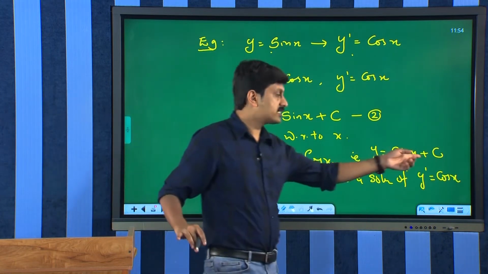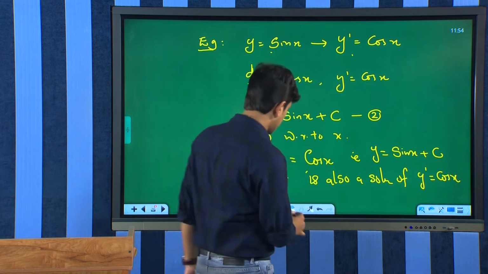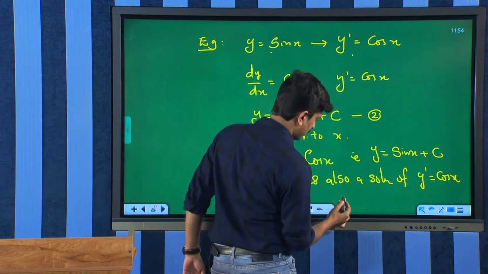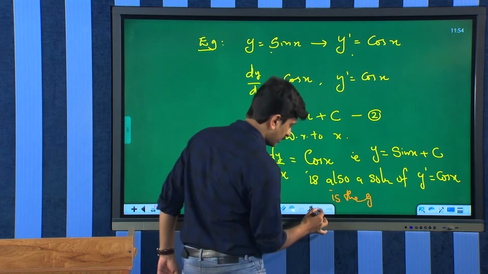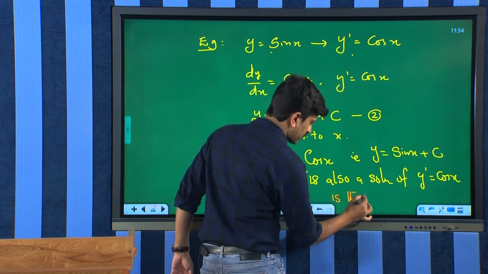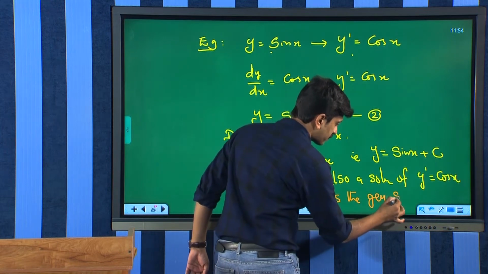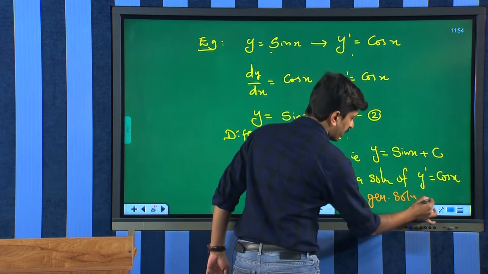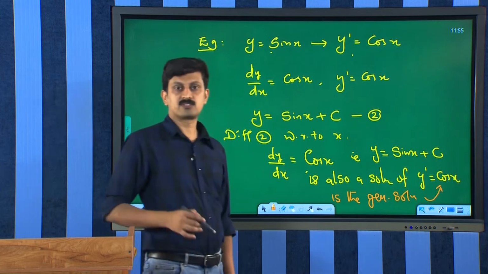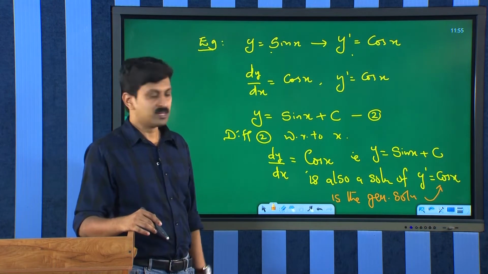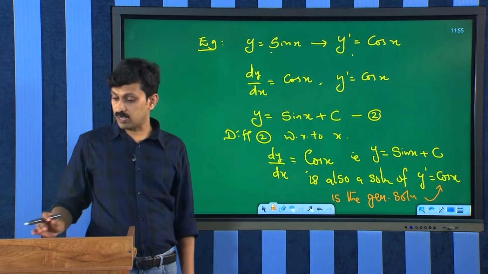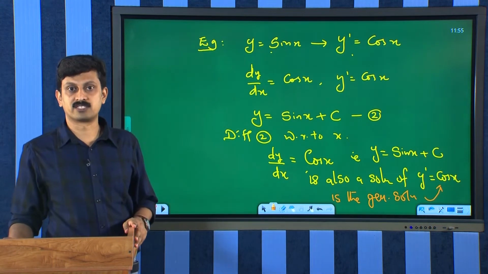See, c is an arbitrary constant, so this is the general solution of y dash is equal to cos x. So in this form there may exist many kinds of solutions.